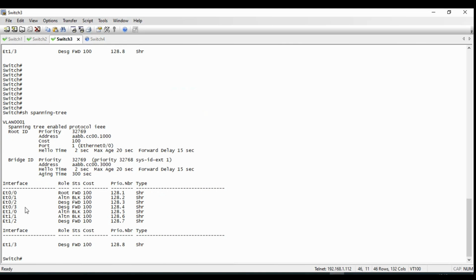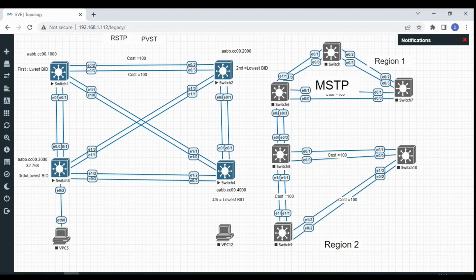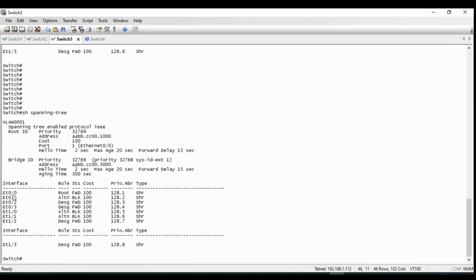Okay, see this port, E0/2, no, this is E0/1. If we see E0/1, this is also the lowest. This is also close to the root bridge switch. So this will become the root port. See, E0/1 became root, and E1/0 is alternate.